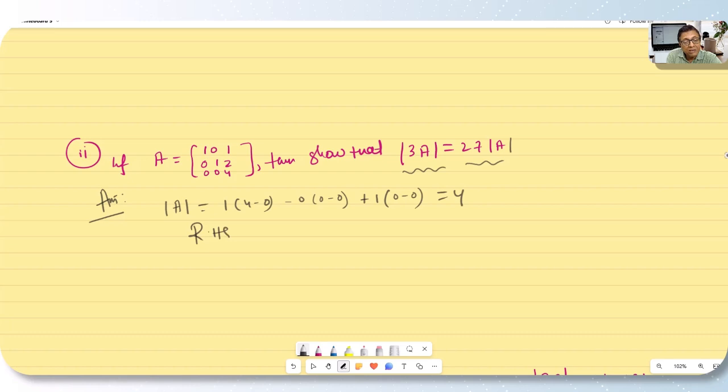So RHS is what? 108. Left hand side you first multiply.